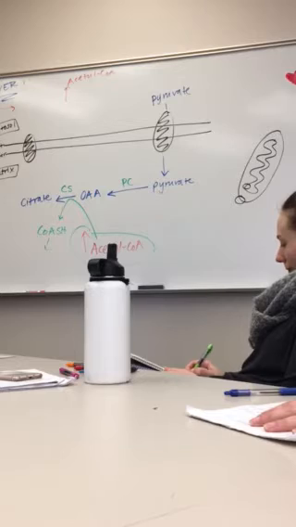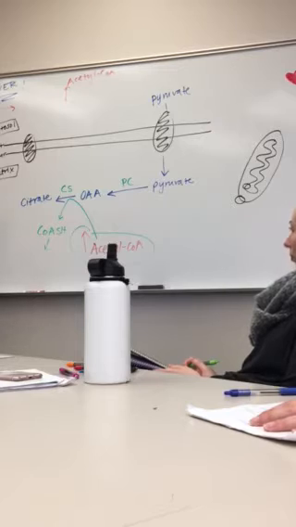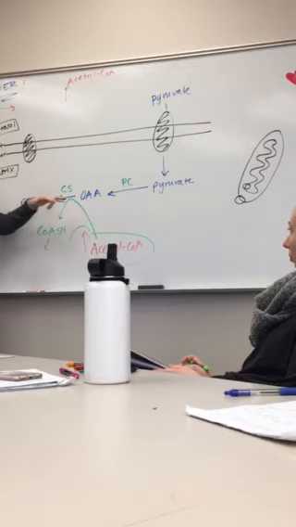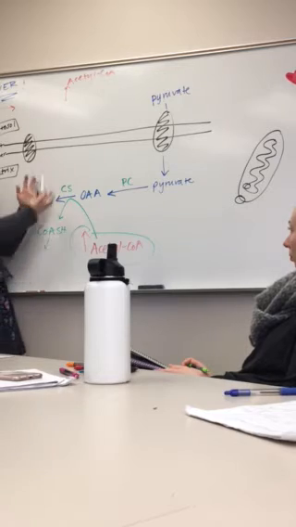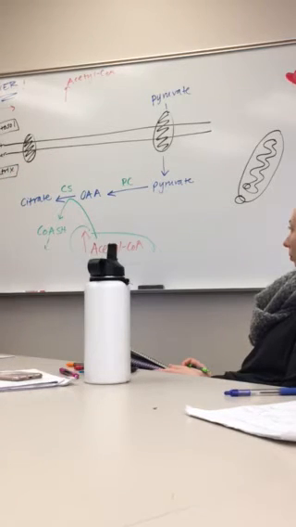Make sense? Okay, so if you get confused on what may happen here, you're like, okay, I know this goes from oxaloacetate to citrate. What else happens? You'd be like, oh, well, I know that this enzyme right here is citrate synthetase, and I know that acetyl-CoA meets up with that.